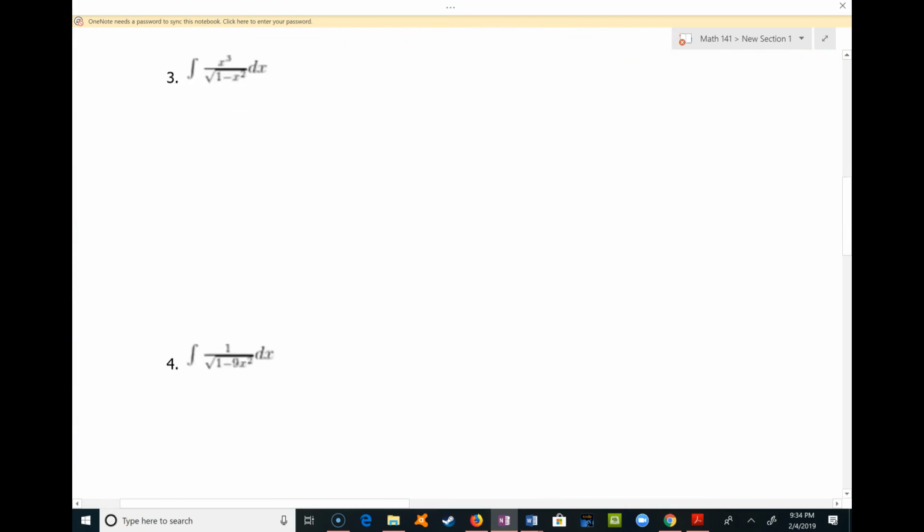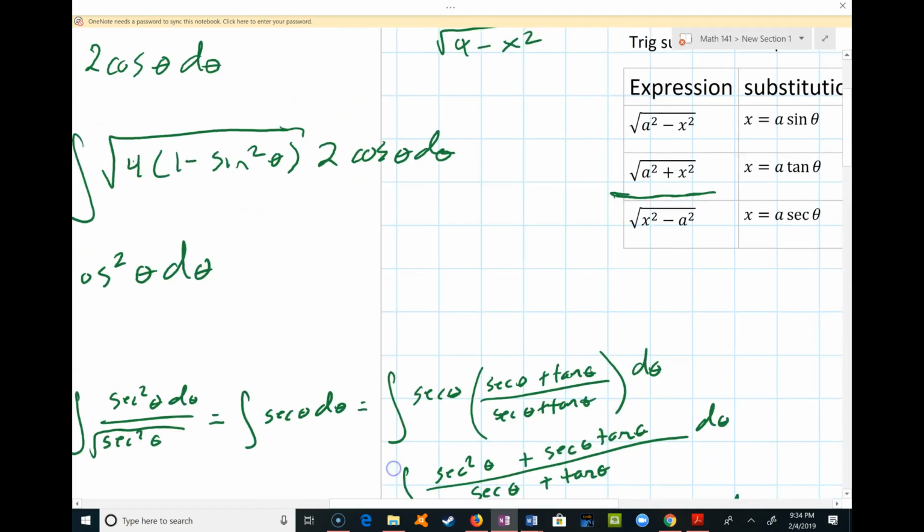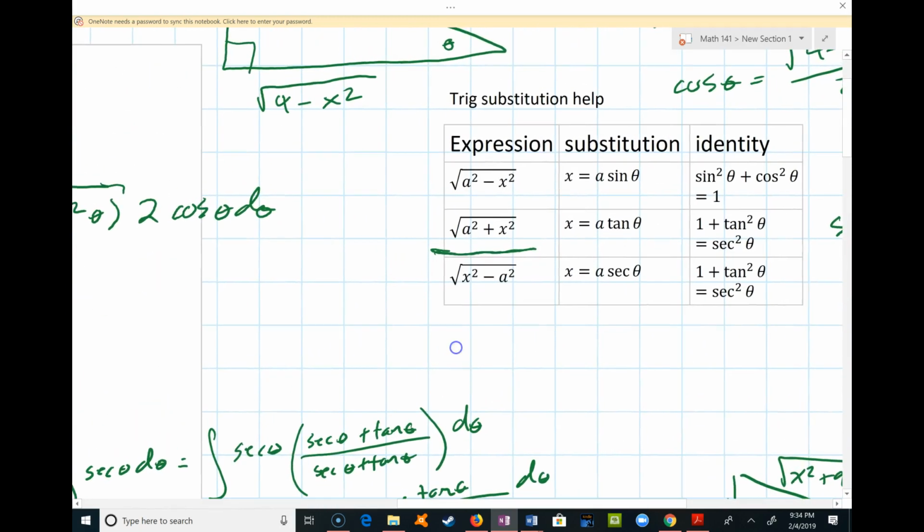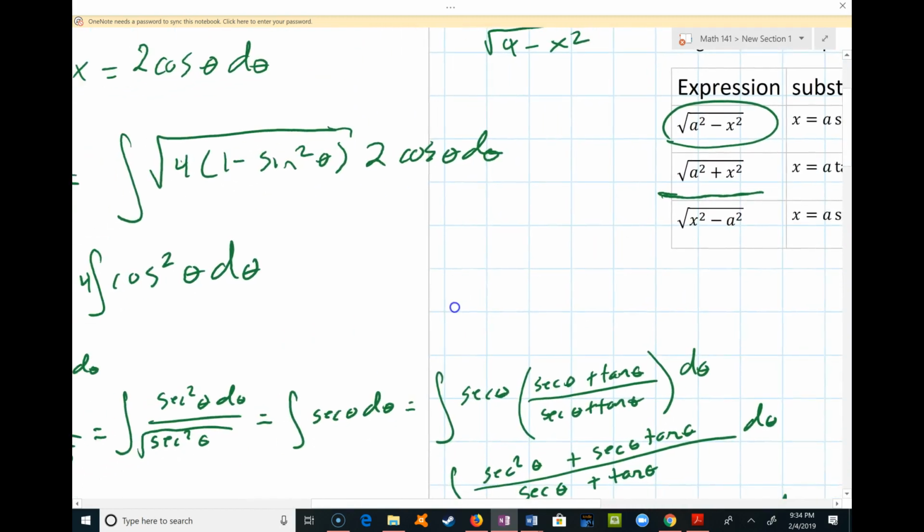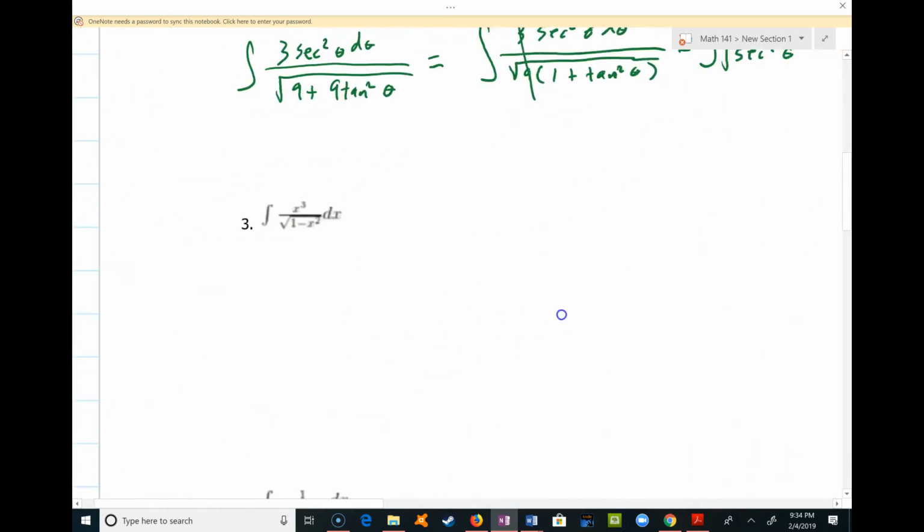Let me see if I can find one that's a little bit nicer. That actually looks like a decent one there. So this is 1 minus 9x squared, which doesn't really look like any of these. Of course, it's closest to that one, but it's a little bit troublesome to see what a is, because it's not 1.